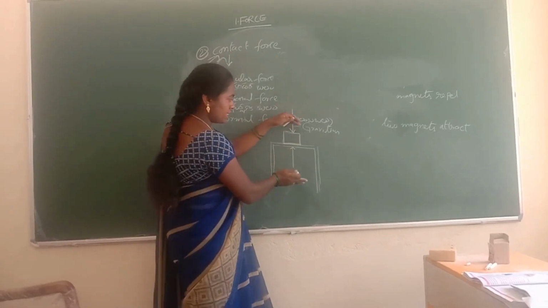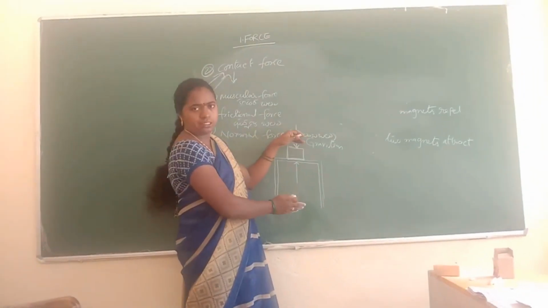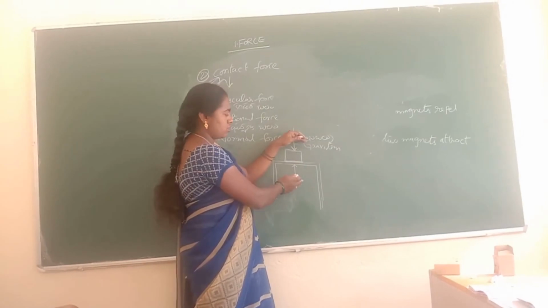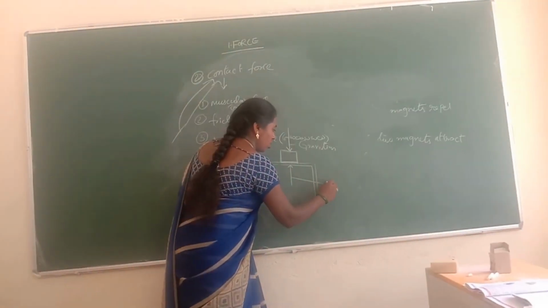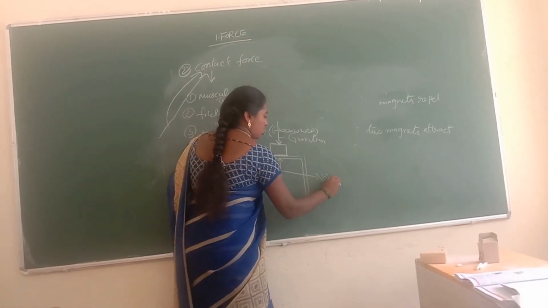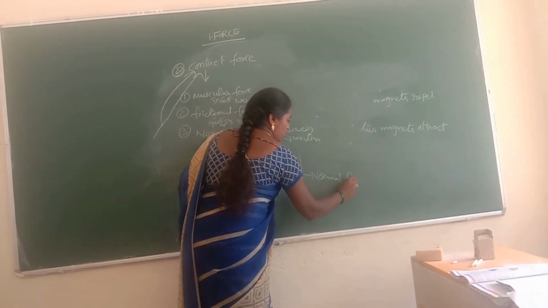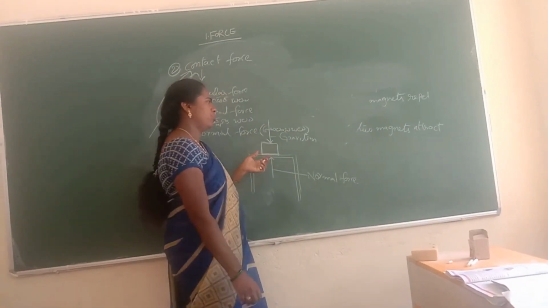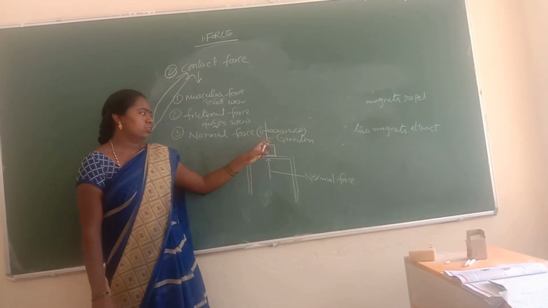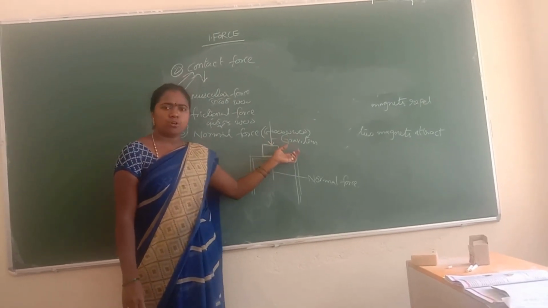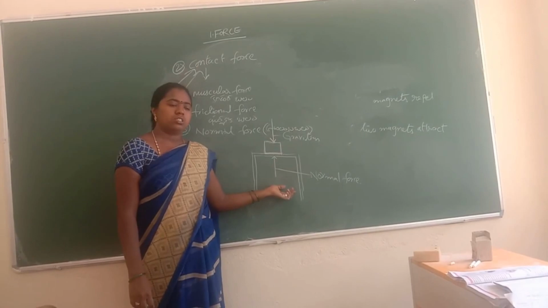That body is at rest. That force is the normal force. So how many forces act on that body? Two forces: gravitational force and normal force.